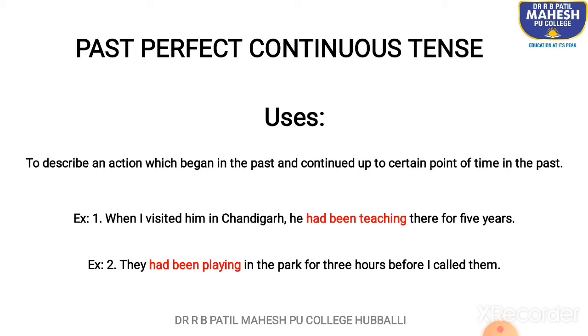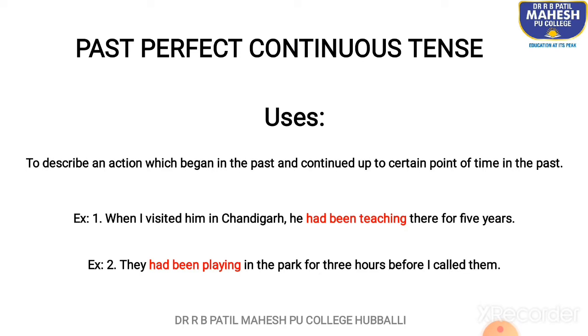Another example: they had been playing in the park for 3 hours before I called them. So again, past perfect continuous tense. They had been playing is that past perfect continuous tense. Those words denote that tense here, in the park for 3 hours before I called them.